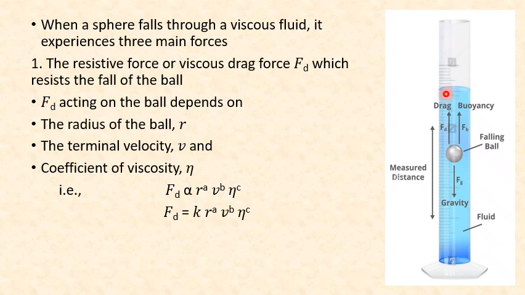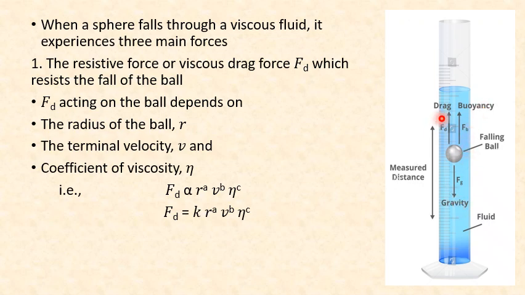Once the steel ball hits the liquid and starts to enter it, it will experience two more forces, that is the drag force and buoyancy. So the steel ball experiences three forces in total: gravity, which makes the steel ball fall; drag force, which reduces the acceleration of the steel ball; as well as buoyancy, which also resists the fall.